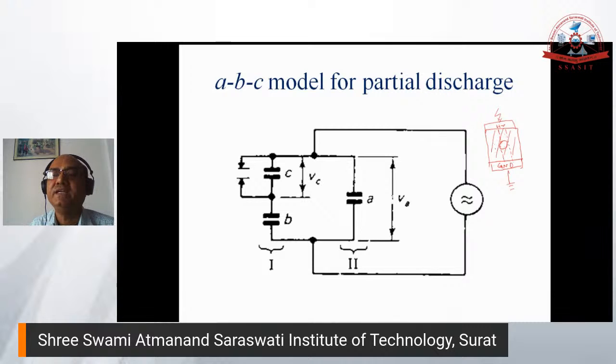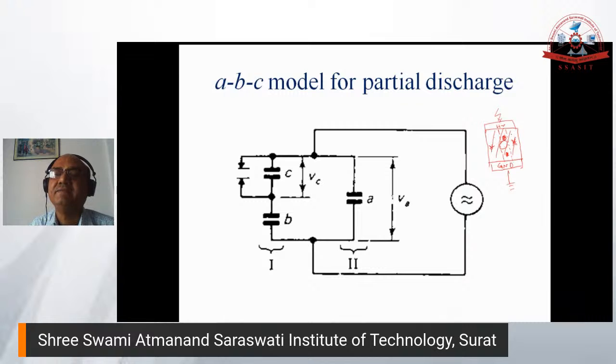So you can check three parts. One is the void. Another one is in series with the void, on this side as well as on this side. These two sides are in series with the void. And another part is the parallel, this side as well as this side.